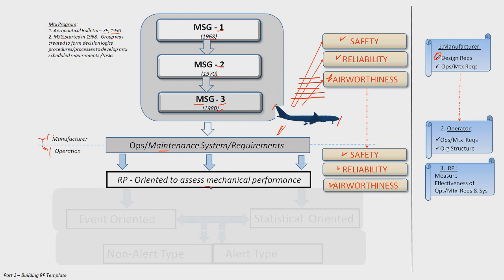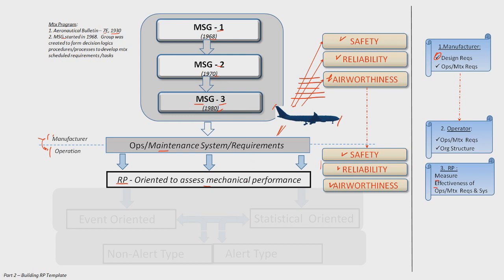We need a system that helps us to measure the effectiveness of our operation/maintenance requirements, maintenance system. And the core part, the main part, the major part of the system is the reliability program. The reliability program helps us to assess product mechanical performance and to measure the effectiveness of our operation/maintenance system, maintenance requirements.